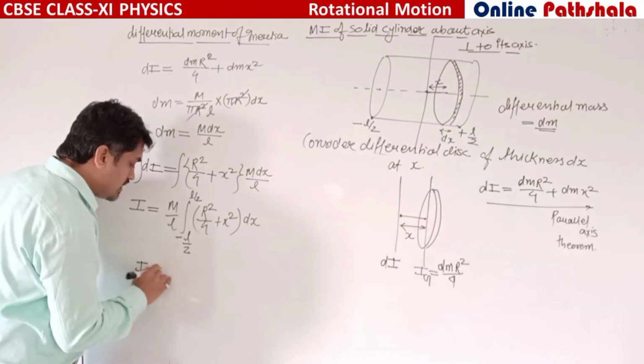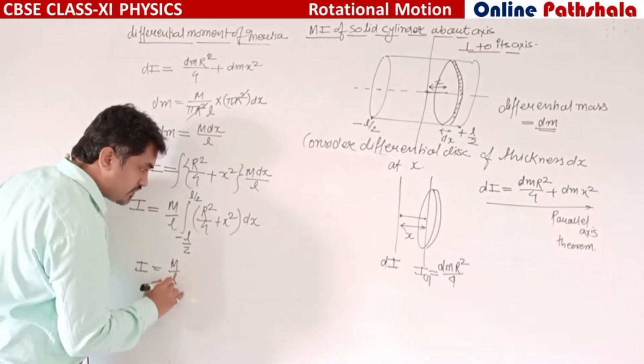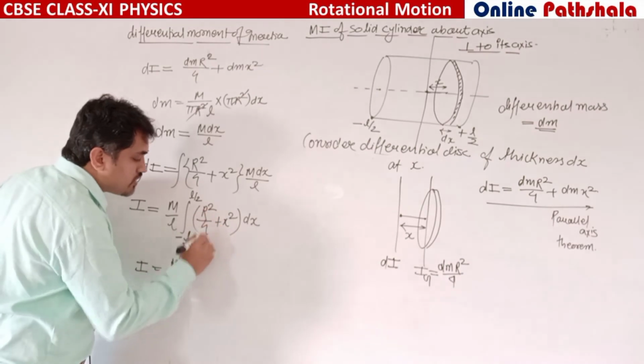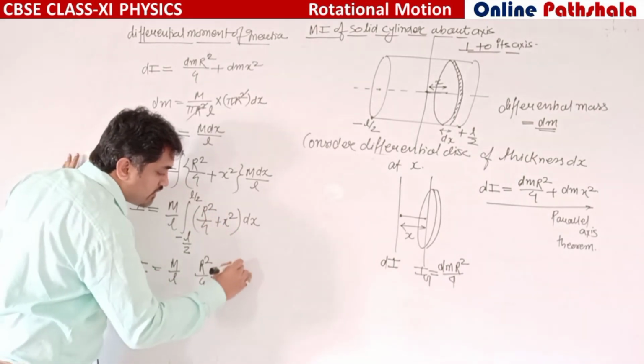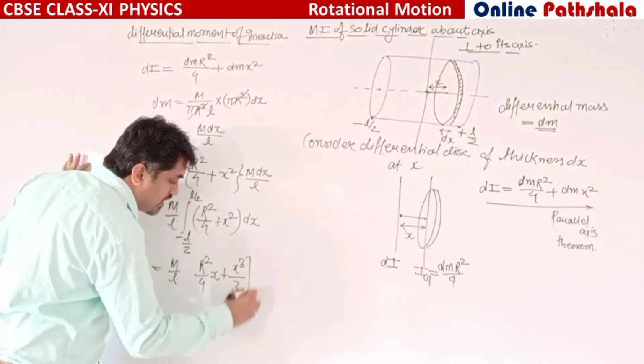So I is equal to M by L. What is the integration of r square by 4? It is constant, so r square by 4 into x, and x square has integration x raised to power 3 by 3.